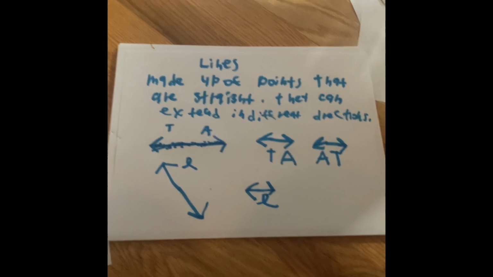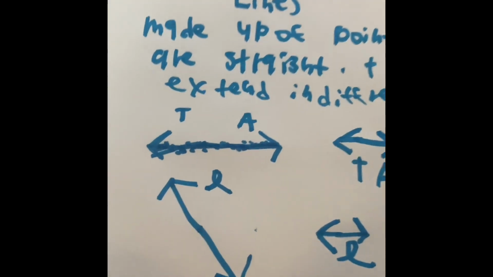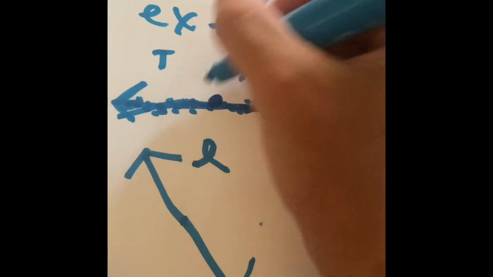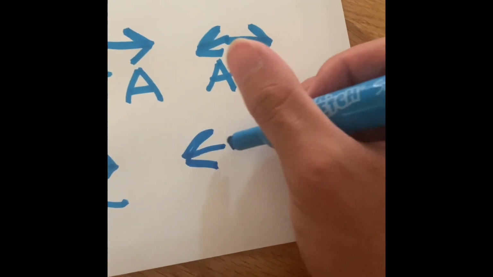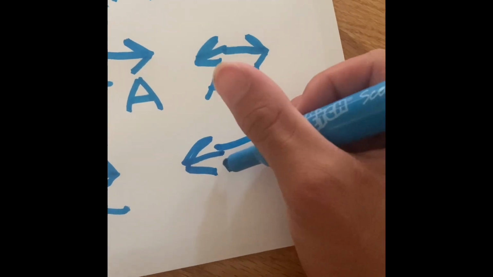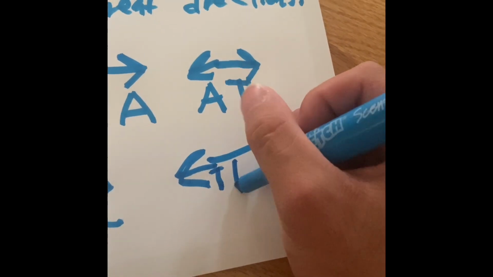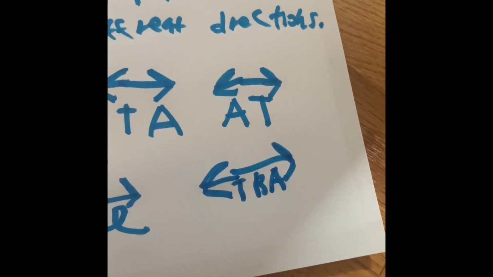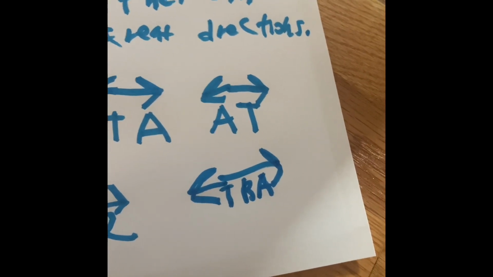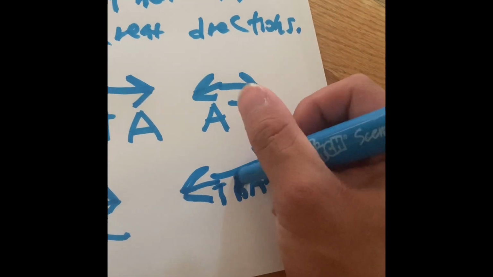What we can't do with lines is, imagine you had a point right here and call it point B. We cannot name the line TBA. The reason why is that in geometry, you cannot name a line with 3 letters in it.